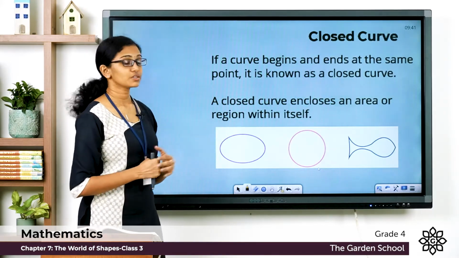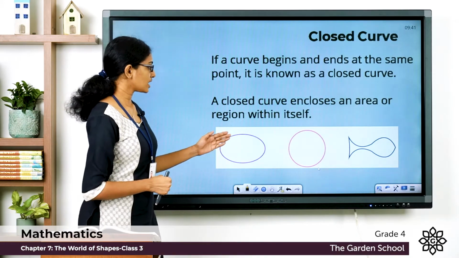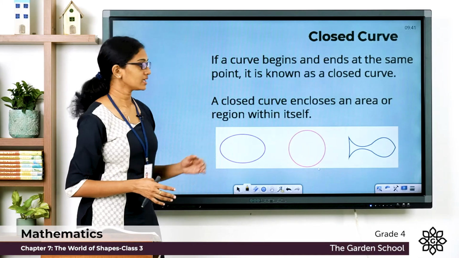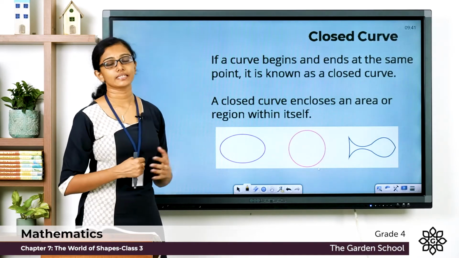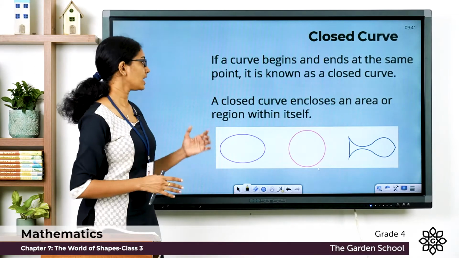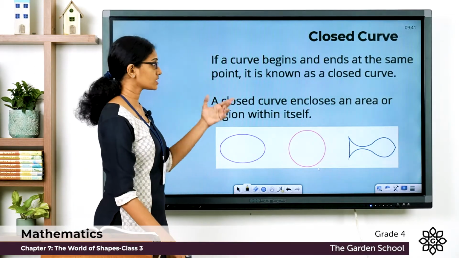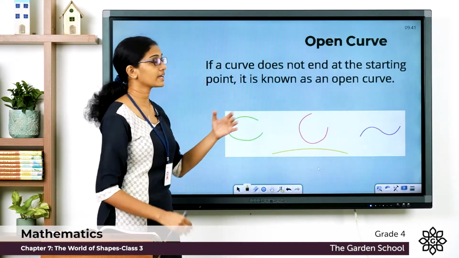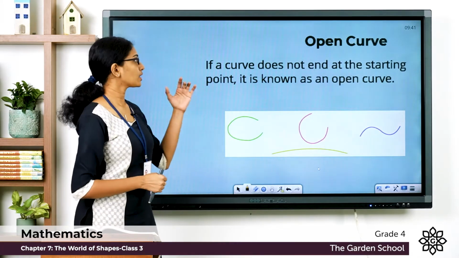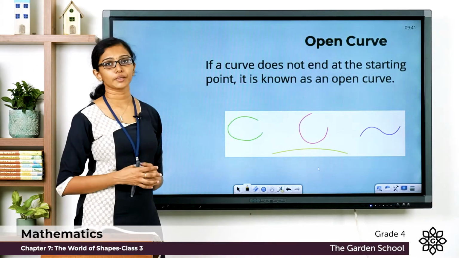You can see 3 examples of closed curves here, and you see there is a region or an area that the curve encloses within itself. So, a closed curve encloses an area or region within itself. Now, if this is a closed curve, how can we define an open curve? See, an open curve is one which does not end at the starting point.